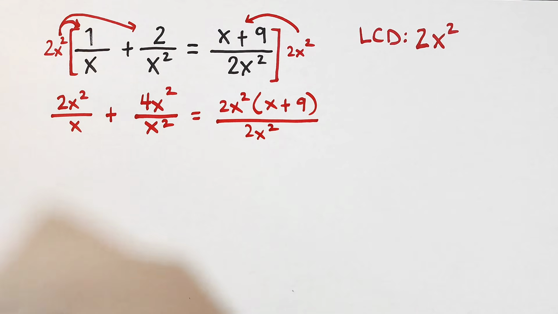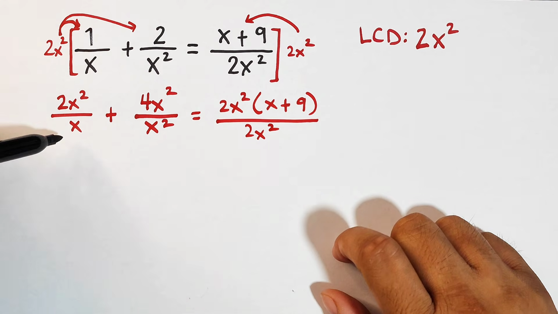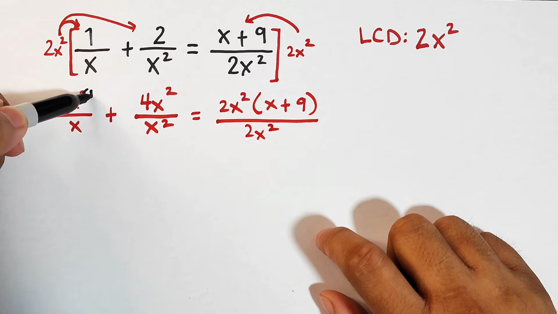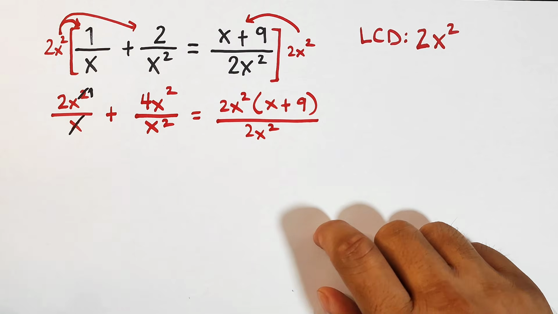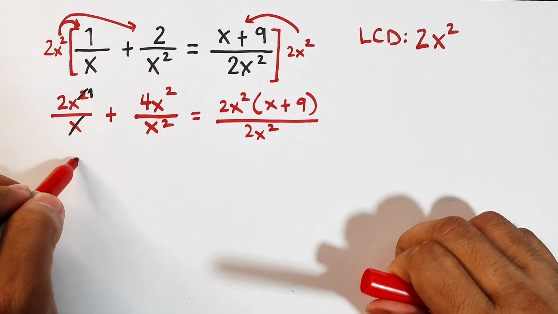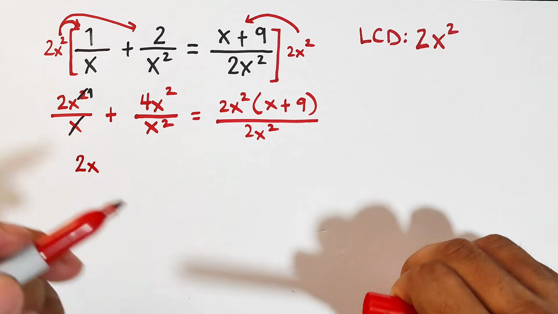In this case, after multiplying, we can cancel out our denominators. Here, we can cancel this out. Our x squared will become x only. Then cancel out our denominator. So, for this term, this would be 2x.